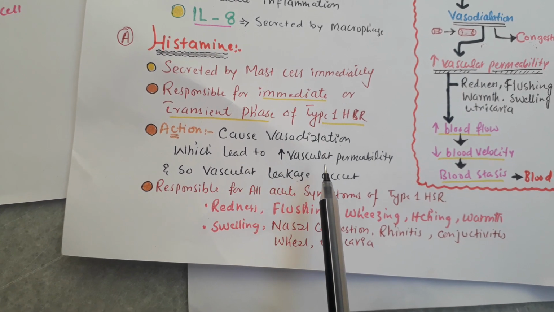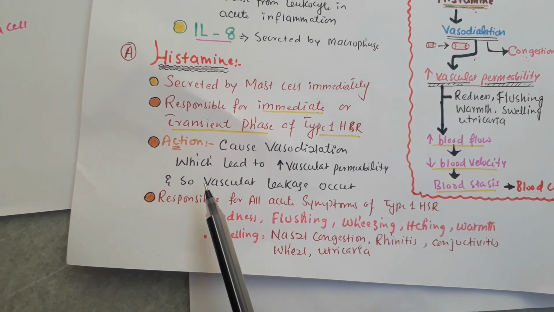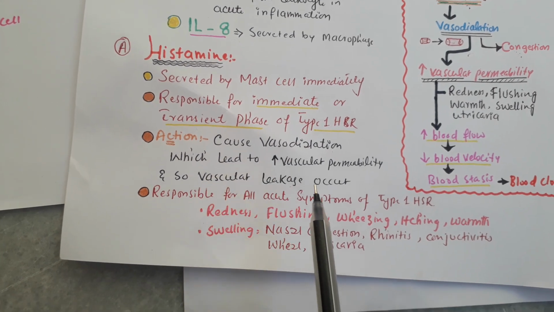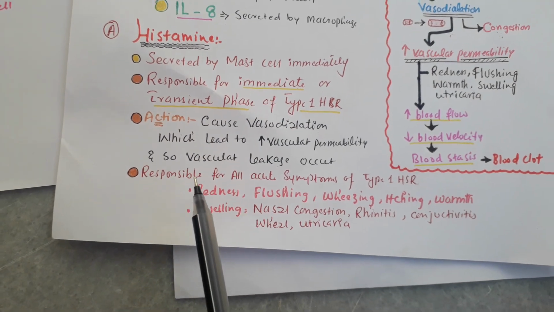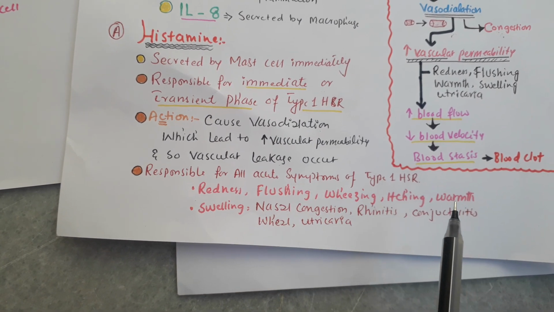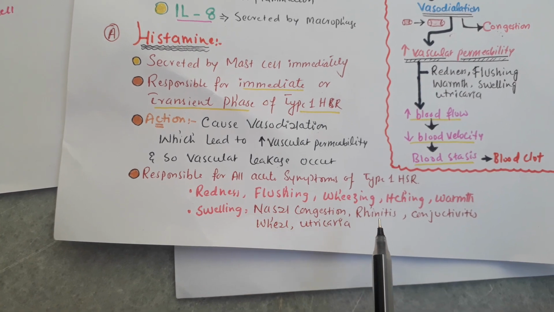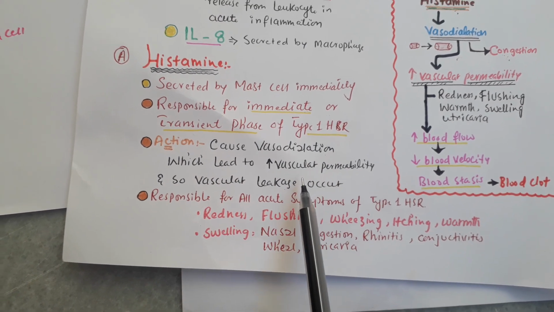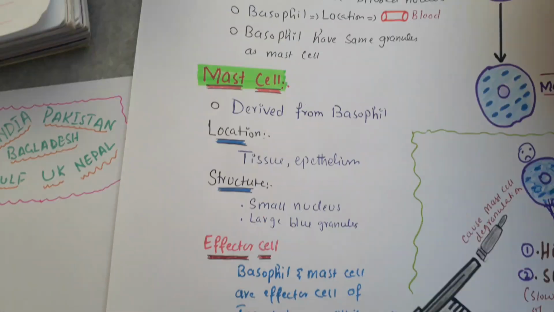Because of vasodilation, there will be an increase in vascular permeability, which will lead to vascular leakage. So it is responsible for all symptoms of type 1 hypersensitivity reaction: redness, flushing, wheezing, itching, warmth, nasal congestion, rhinitis, conjunctivitis, urticaria, and the basis of this is vascular permeability or vasodilation.